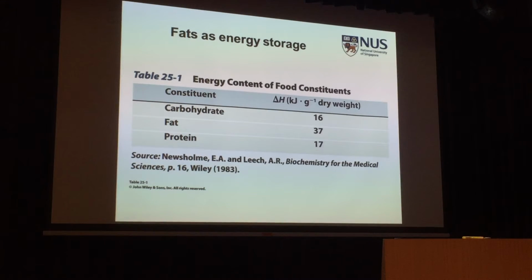When it's stored as lipid droplets, it doesn't change the osmolality of the cytosol. So you can store a lot of lipid droplets without affecting the shape, whether the cells will burst or shrink because of changes in osmolality. And the other thing is that fats are very chemically inert. It will not react with any other components of your body. All right, so I think after today's lecture, everybody's going to eat fats already.